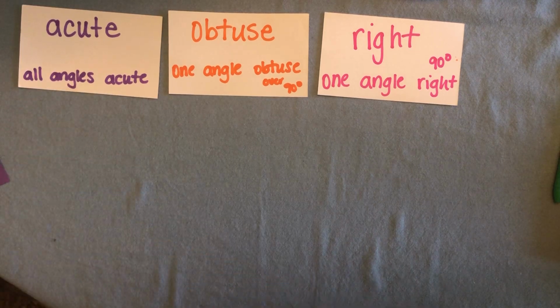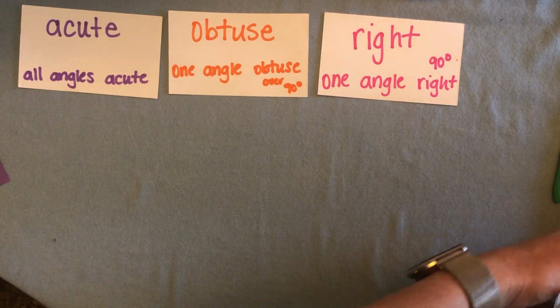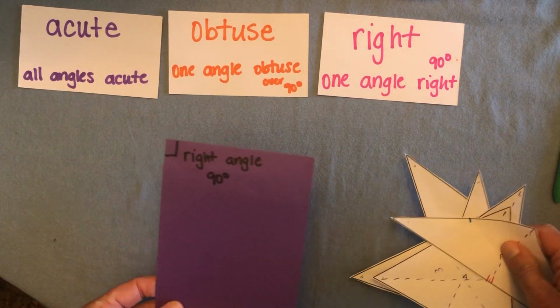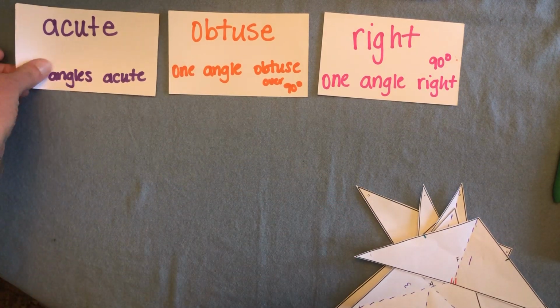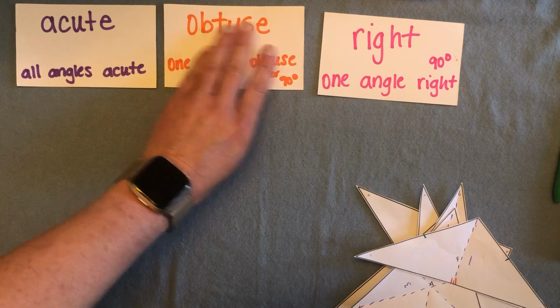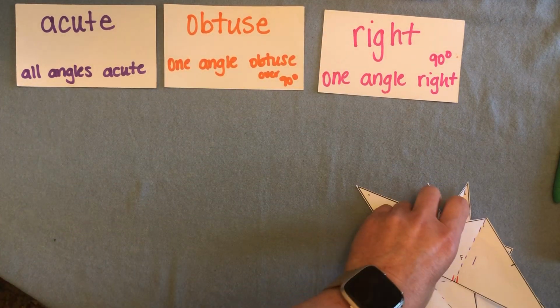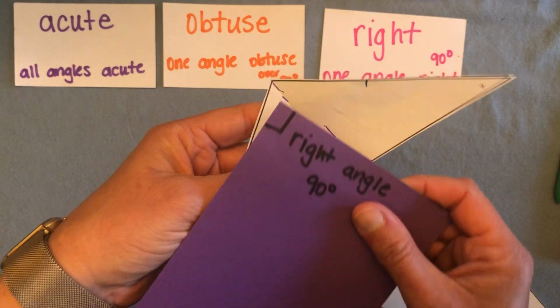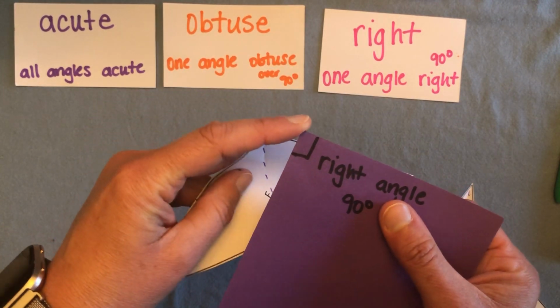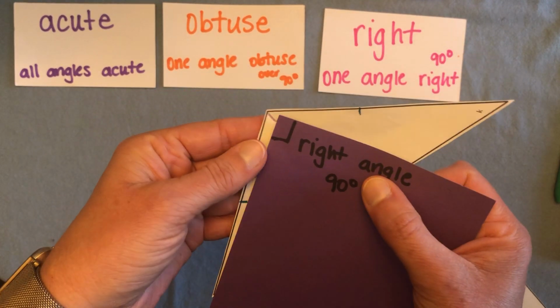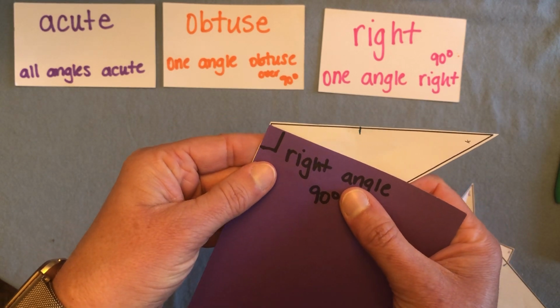All right, let's pick up our stack of triangles and our right angle measuring tool, and we're going to see if we can figure out which ones are acute, which ones have all acute angles. So I'm going to grab my measuring tool, and I'm going to put the corner, the vertex of my right angle measuring tool right in line with the vertex of each of my triangles.